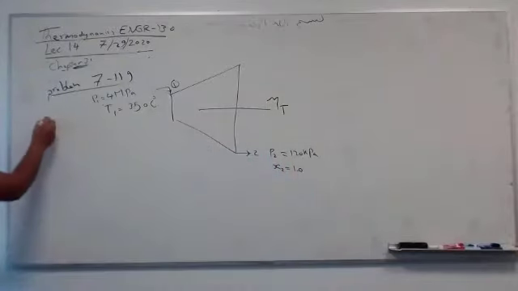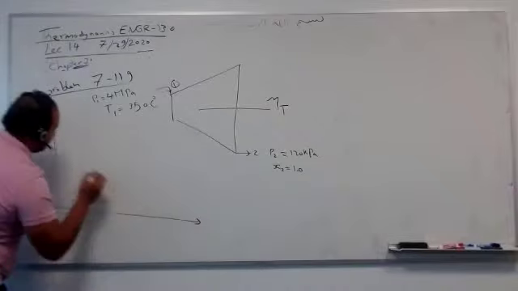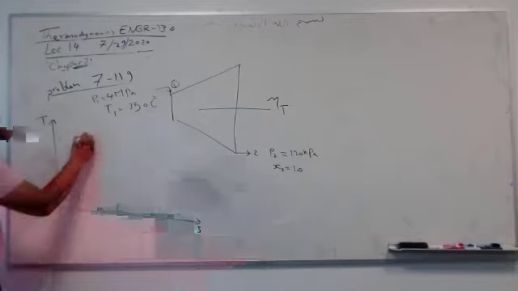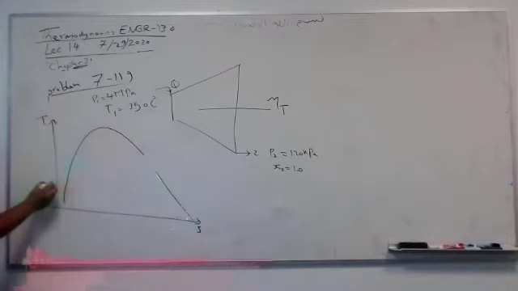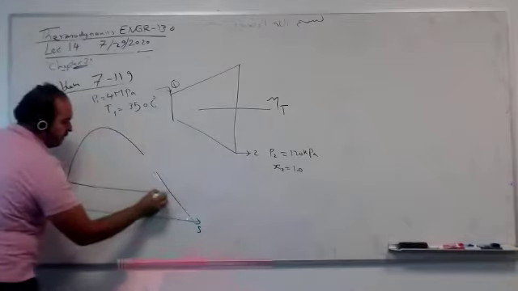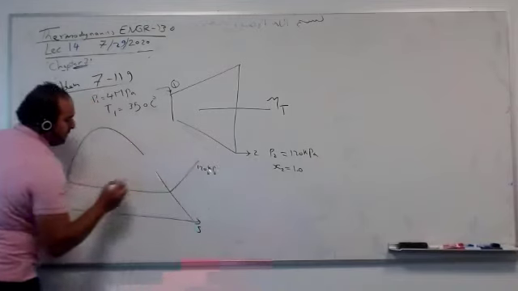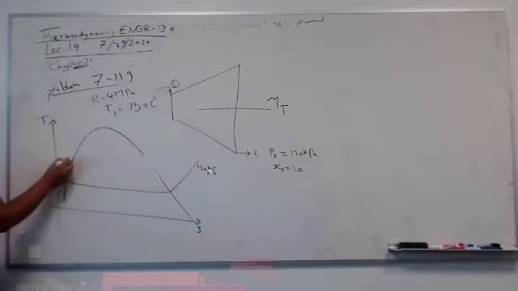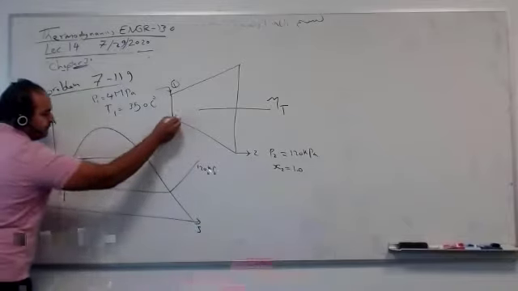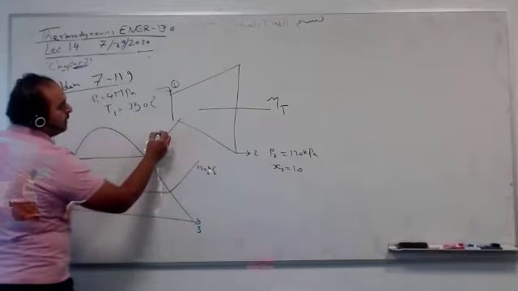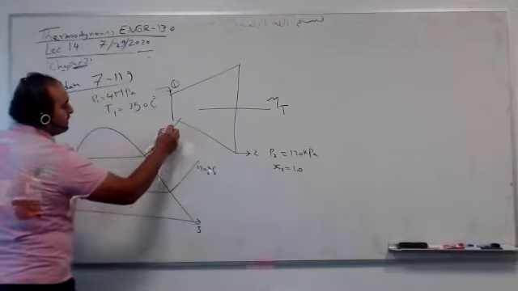So let's plot it. Here's the diagram. This is pressure 2, which is 120 kilopascal. And this is pressure 1, which is, let's say, 4 megapascals.